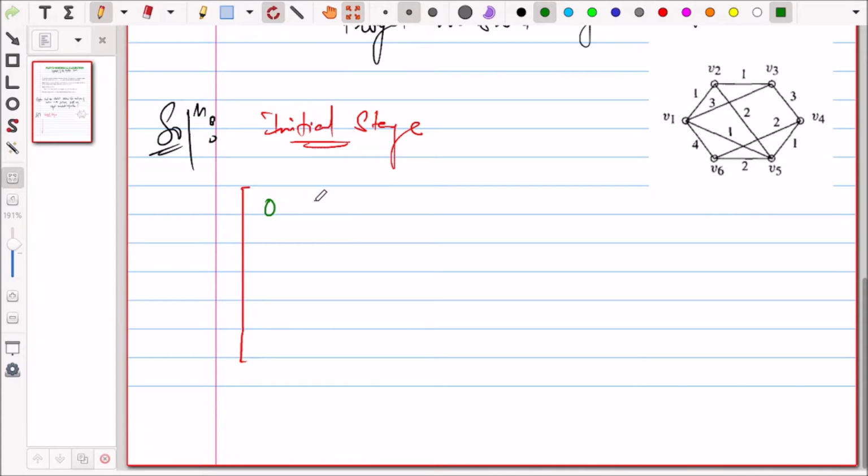Let us first form this initial matrix. First let us calculate all the values. d11 is 0. Then d12, what is d12?